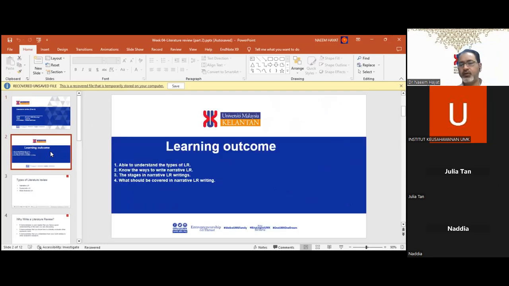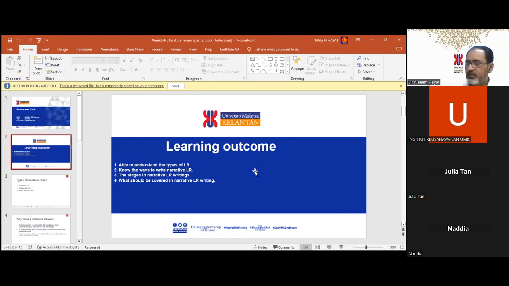The learning outcome that we would like to achieve today is to be able to understand the types of literature review. We will be discussing the three types of literature review that we can extract by reading the collection of literature. Another learning objective is to know the way to write a narrative literature review.